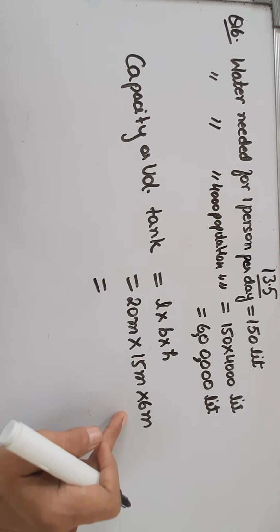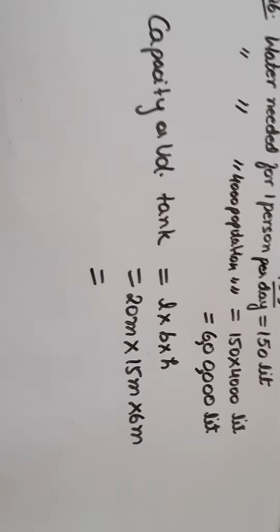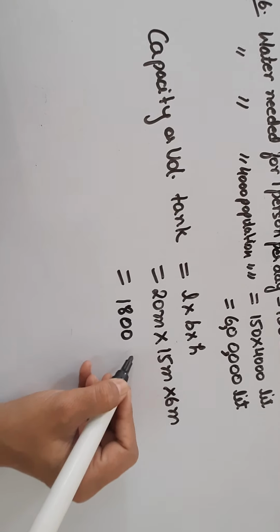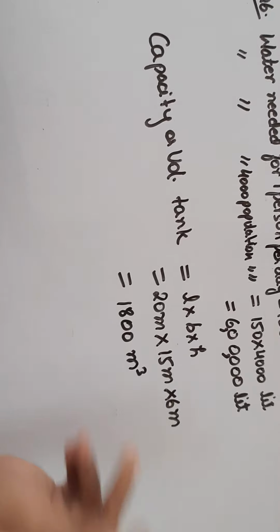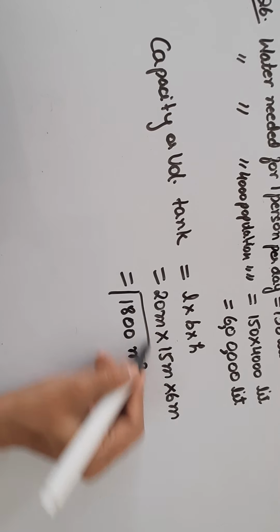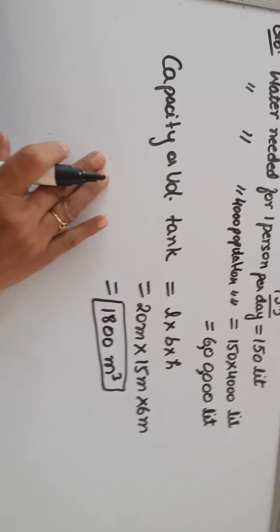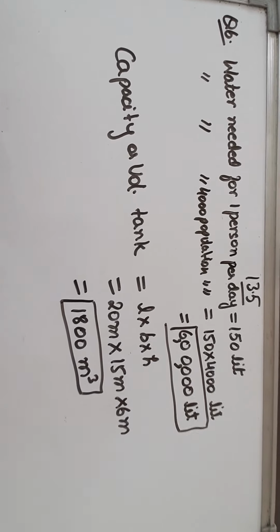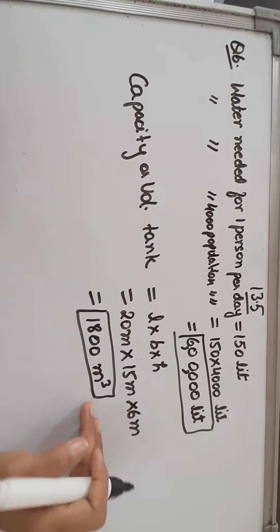So first of all let us calculate this. So this will be 1800 cubic meter. This is the water already stored in the tank, and this is the water which is required for the population. But as you can see, it is in liters and it is in cubic meters.